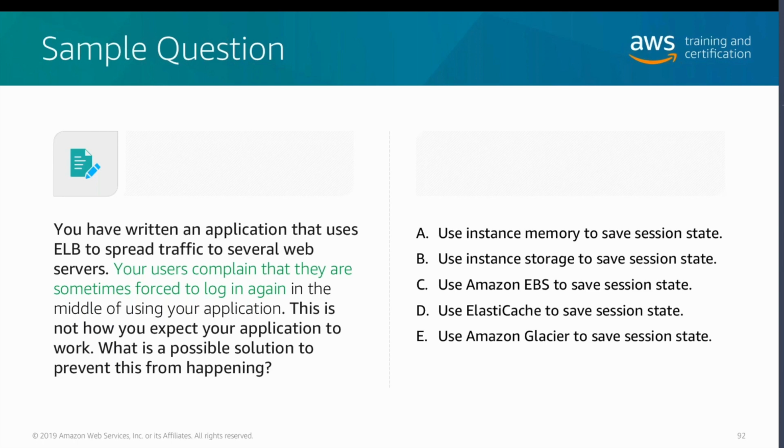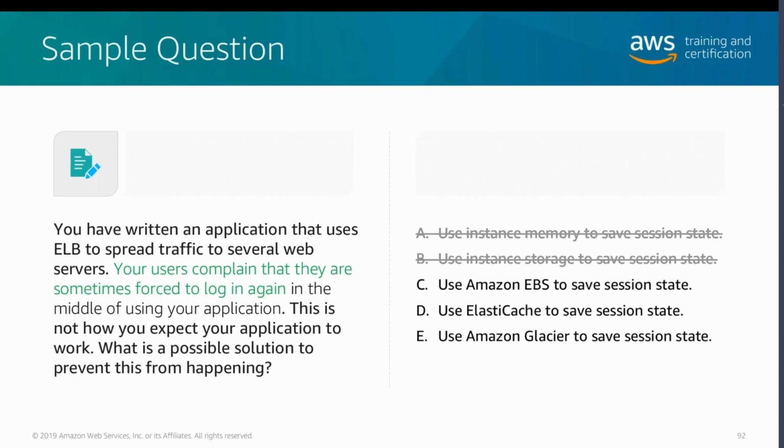And we need a better solution to store that state information rather than putting it on the instance itself. And so, well, that rules out answer B right away. We do not want to store state on the EC2 web server instance itself, okay? So let's rule out A and B because those are both bad answers. That's probably what we're doing now. That's probably what's causing the problem.